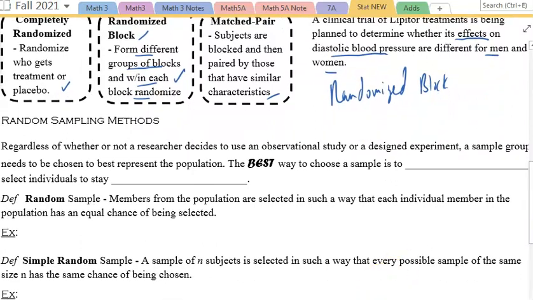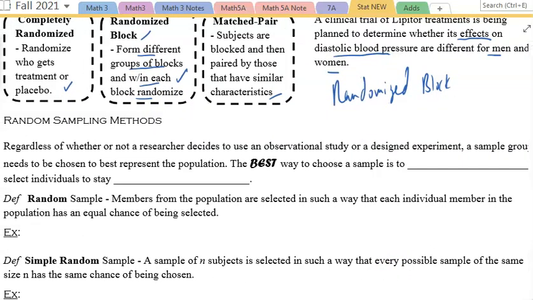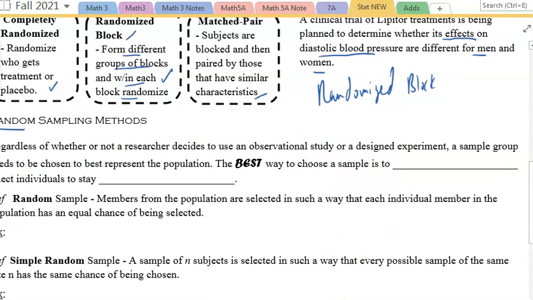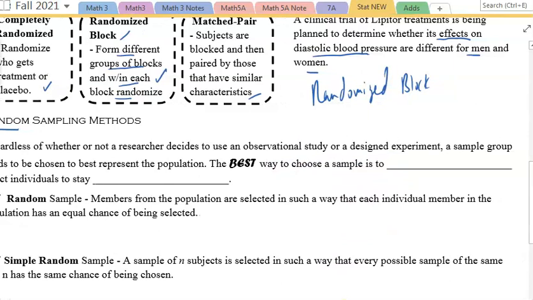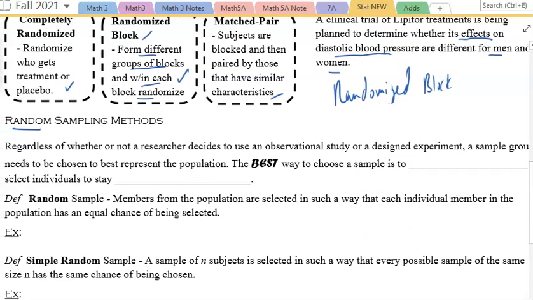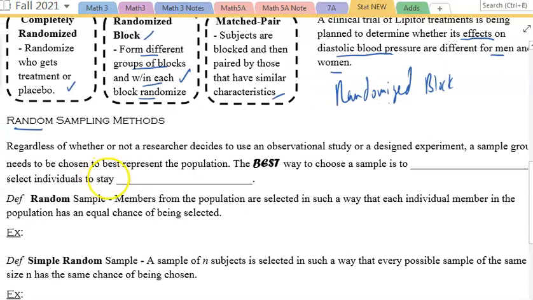Now, random sampling, this is a very important word, random. Regardless of whether researchers decide to use an observational study or designated experiment, a sample group needs to be chosen to best represent the population.